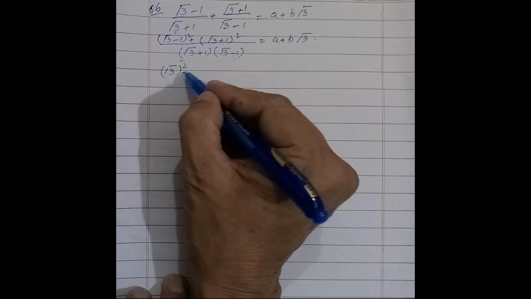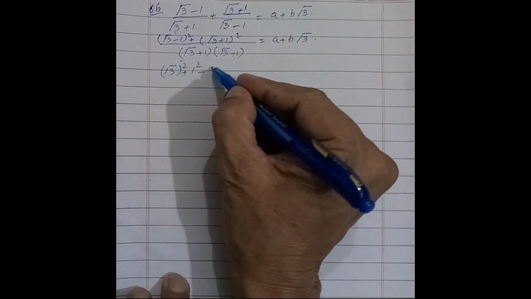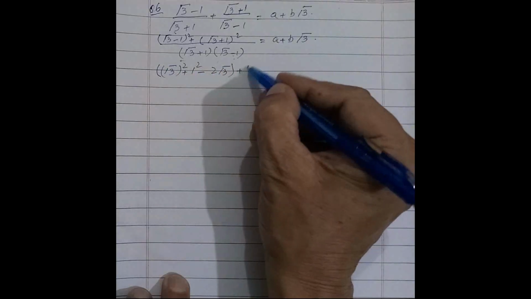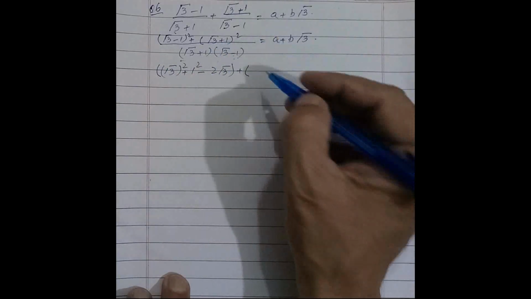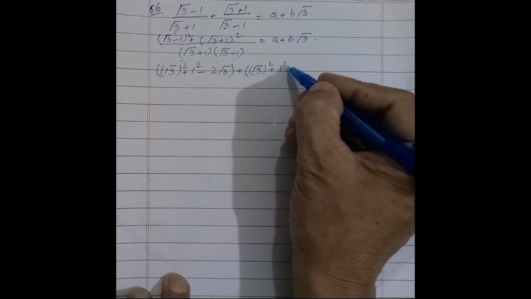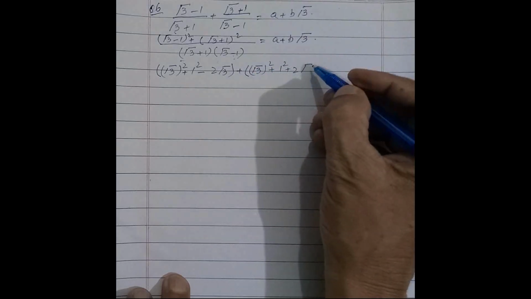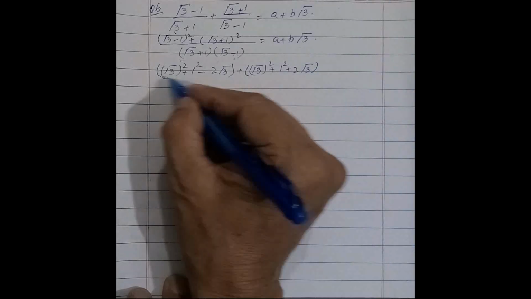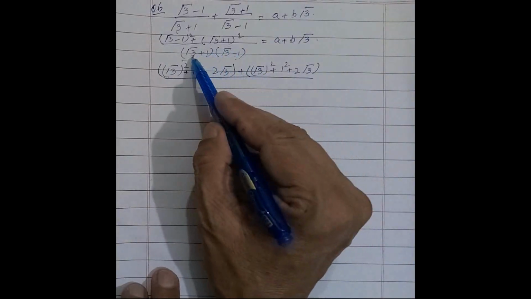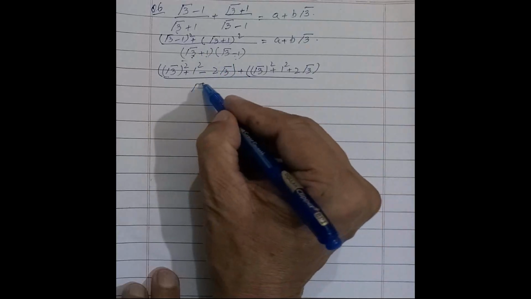We get a minus b whole square, which is a square plus b square minus 2 times a into b, plus a plus b whole square, which is a square plus b square plus 2 times a into b, over a plus b into a minus b. The answer is a square minus b square.